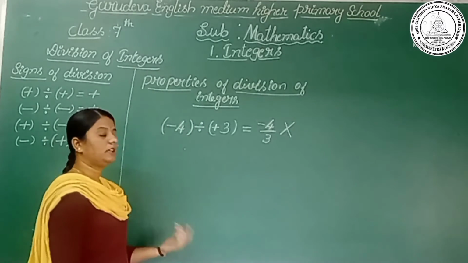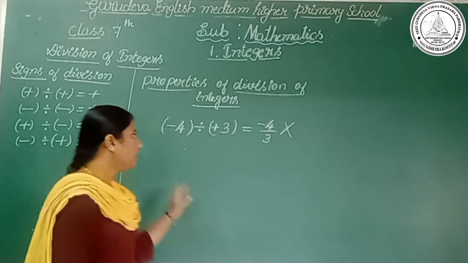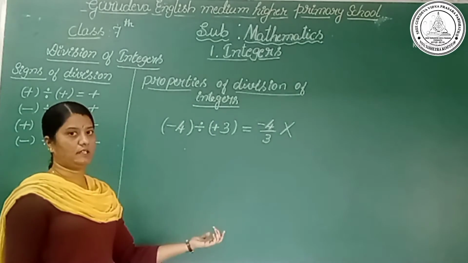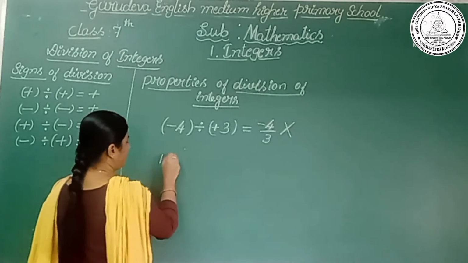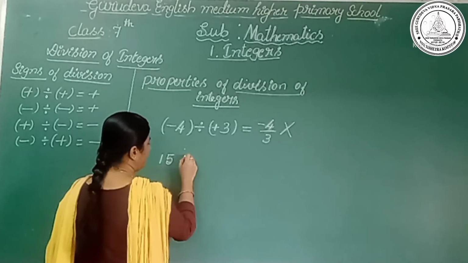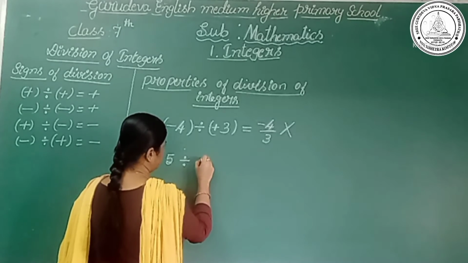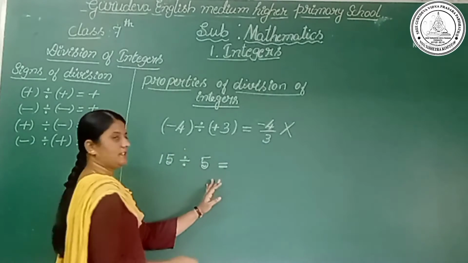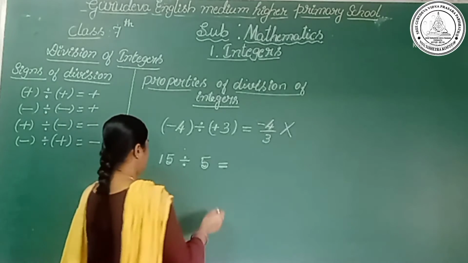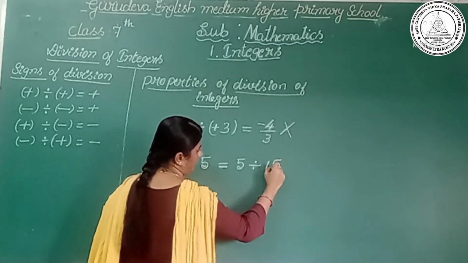Then the commutative property of whole numbers also does not hold good. Let's check for the integers. The commutative property says that 15 divided by 3 should equal, if we change the order of the integers, 3 divided by 15.